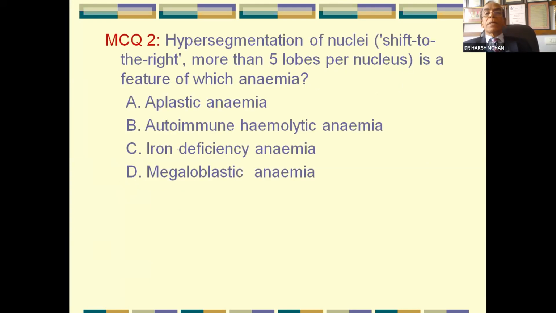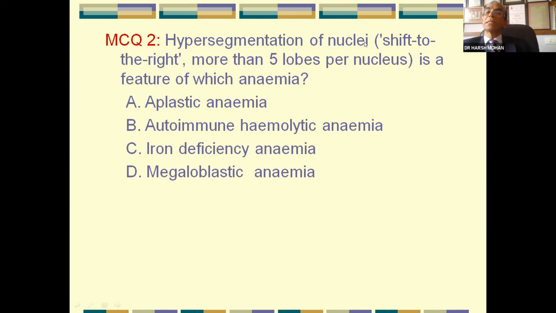Now, hypersegmentation of nuclei, that is shift to right, more than 5 lobes. Everything is defined in the question itself. We are not assessing whether the student knows shift to right or not. We have defined that. We only want to assess one component here, whether he knows that the hypersegmented nuclei are present in one particular type of anemia. We are not asking them to define hypersegmentation.